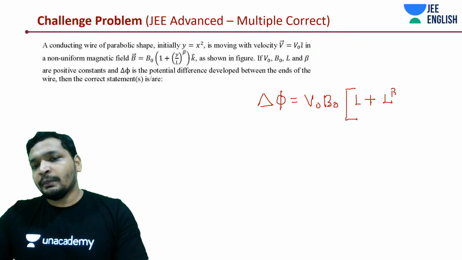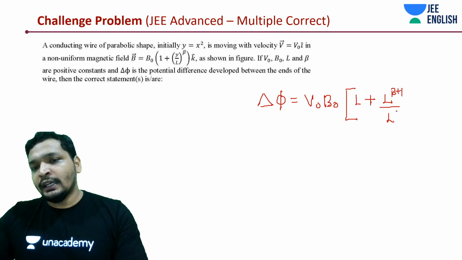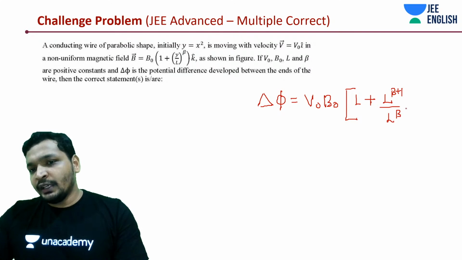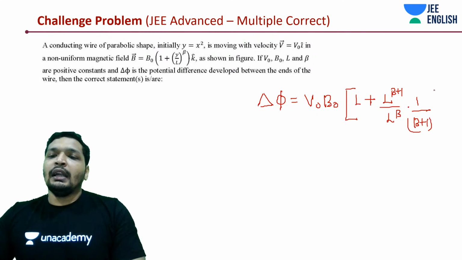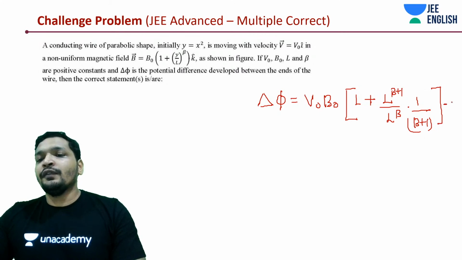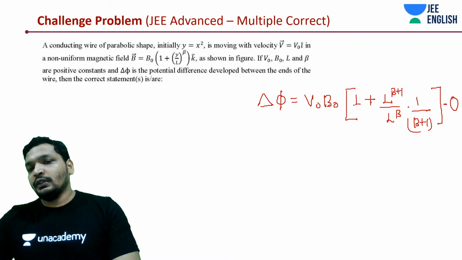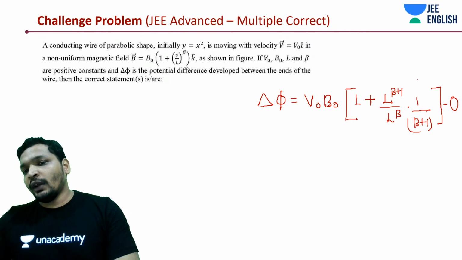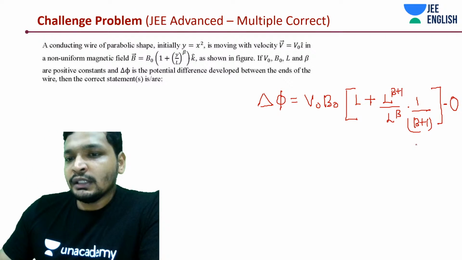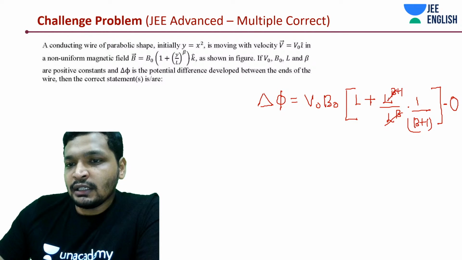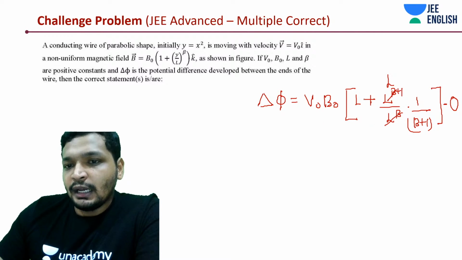It's L to the power beta plus 1, divided by L to the power beta, divided by 1 by beta plus 1, and this minus basically 0. Substituting y as 0 gives 0. Now this can cancel out to just create L, and you can take out the L as common.